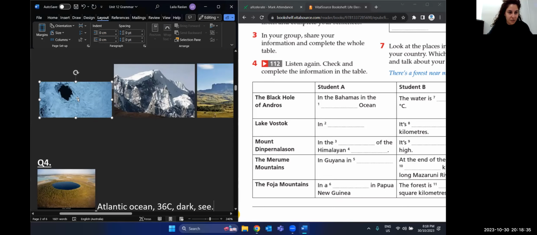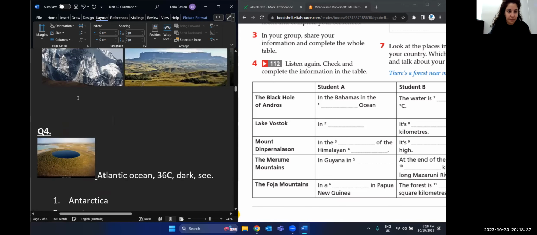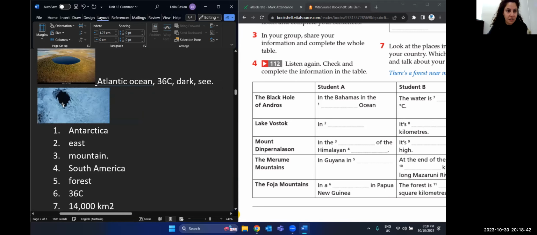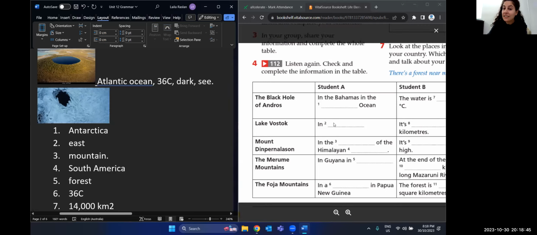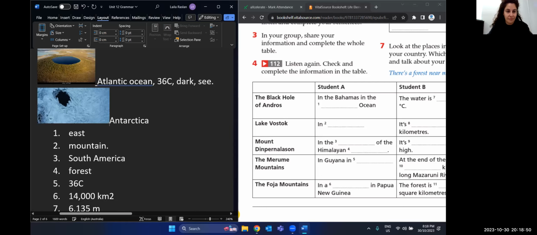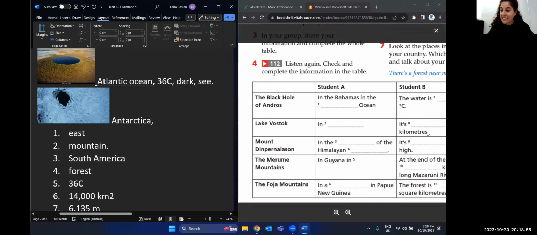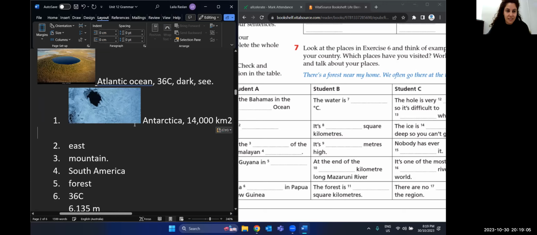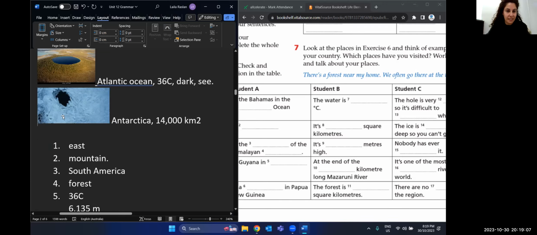Okay, Lake Vostok. So this was the image for Lake Vostok. Where is it? In Antarctica. Yep, it's in Antarctica. And number 8, it's 4,000 square kilometers. The size.